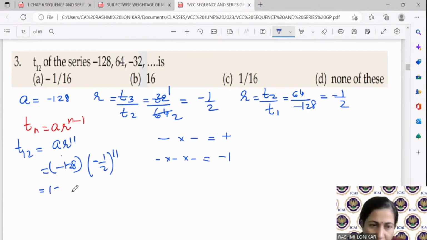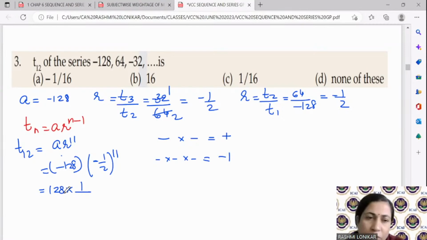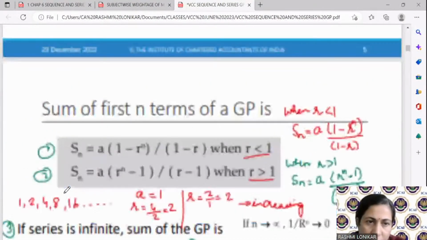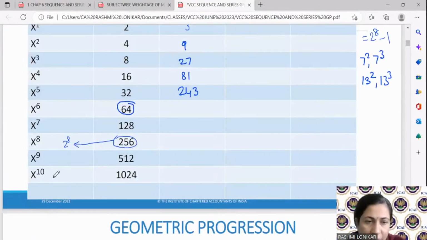So this is 128 upon 2 raised to 11. So I have to find 2 raised to 11. I have already found out 2 raised to 9 here. 2 raised to 10 is 1024.